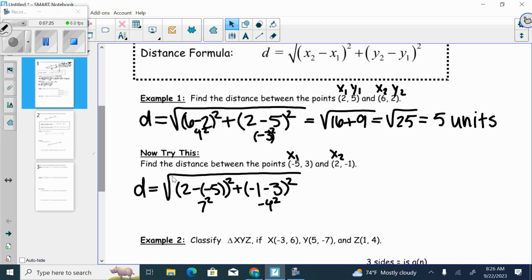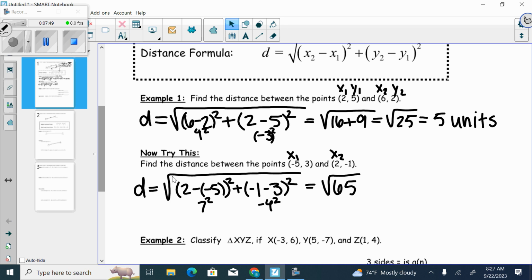So I have 7 squared, which is 49, plus -4 squared, which is 16. And what was 49 plus 16? 65. All right, so we ended up with the square root of 65, right? Okay, there is no perfect square root of 65 like there was for 25. At this point, we do try and simplify if possible.